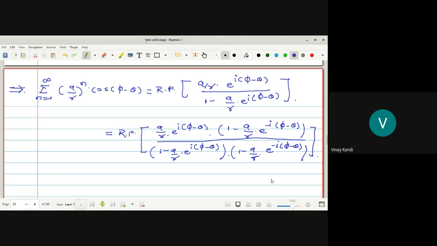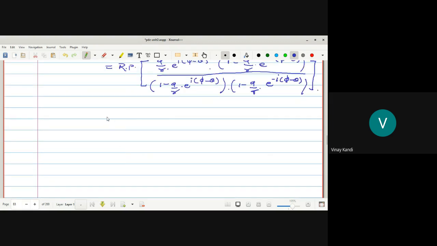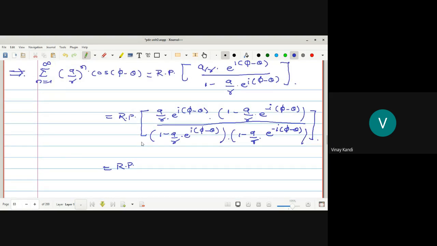ओके, हे कशासाठी करतोय की रिअल पार्ट आपल्याला मिळावा. सो दिस इज इक्वल टू real part of मल्टीप्लाय करा. Numerator: a upon r into e raised to i phi minus theta, and this one into this one is a upon r bracket square, cancel होतं.